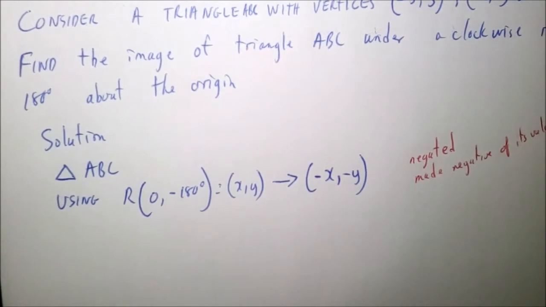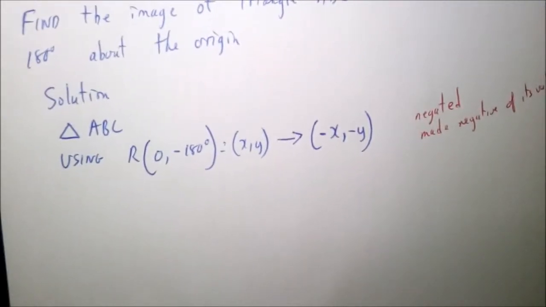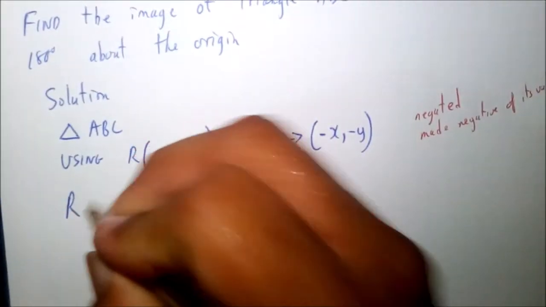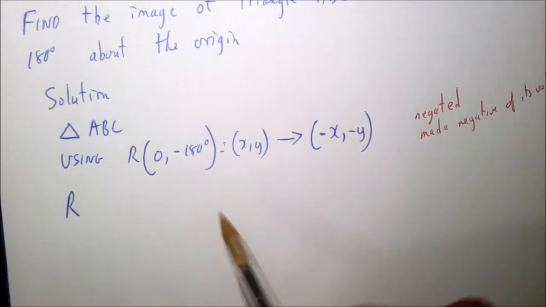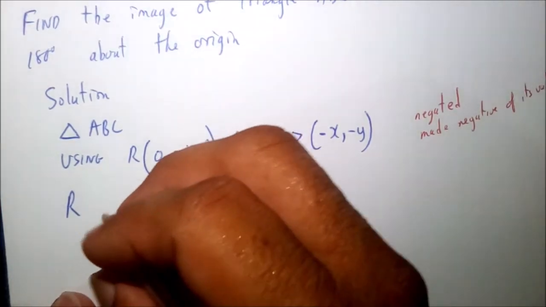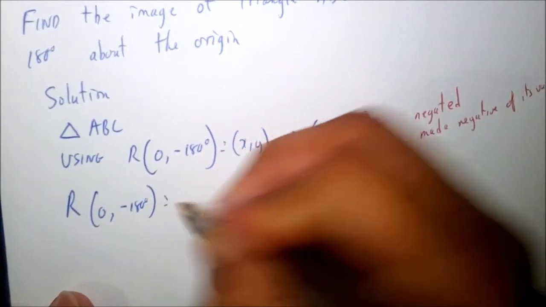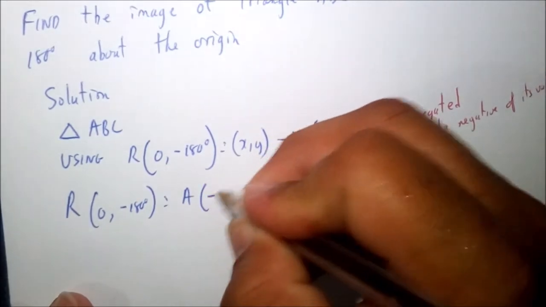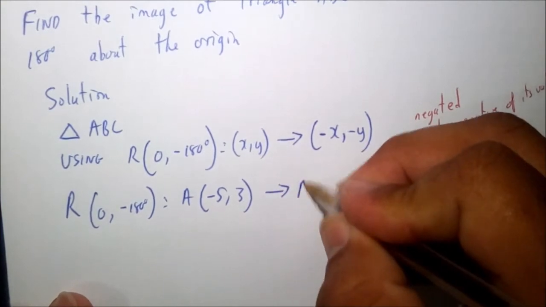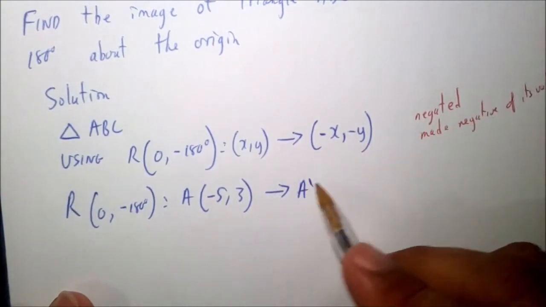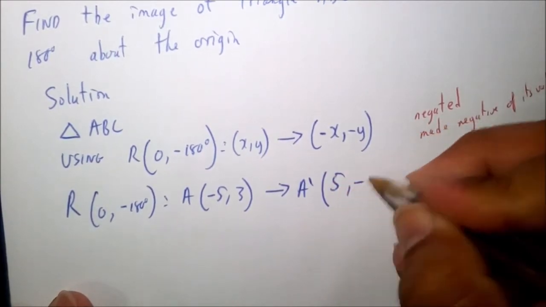Now, for us to do this algebraically, going straight to the values, we get the rotation of our first point, which was -5, 3. We put rotation 0, -180 degrees, such that A, (-5, 3), will go to point A prime, the image of A, which becomes (5, -3).